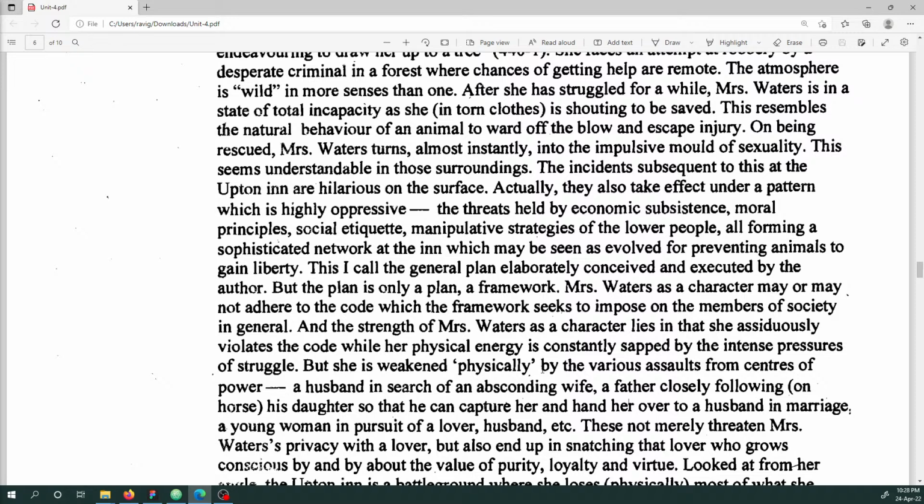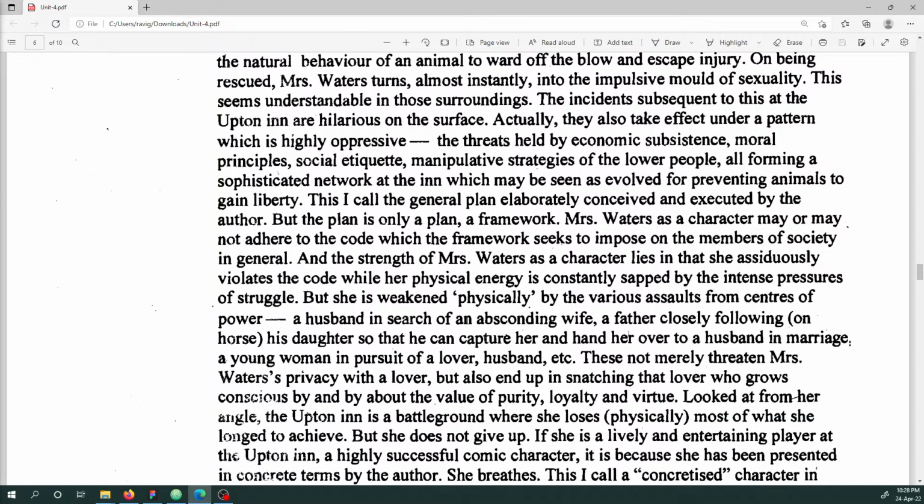But she is weakened physically by the various assaults from the centers of power: a husband in search of an absconding wife, a father closely following on horse his daughter so that he can capture her and hand her over to a husband in marriage, a young woman in pursuit of a lover, a husband, etc. These not merely threaten Mrs. Waters' privacy with a lover, but also end up in snatching that lover who grows conscious by and by about the value of purity, loyalty, and virtue.